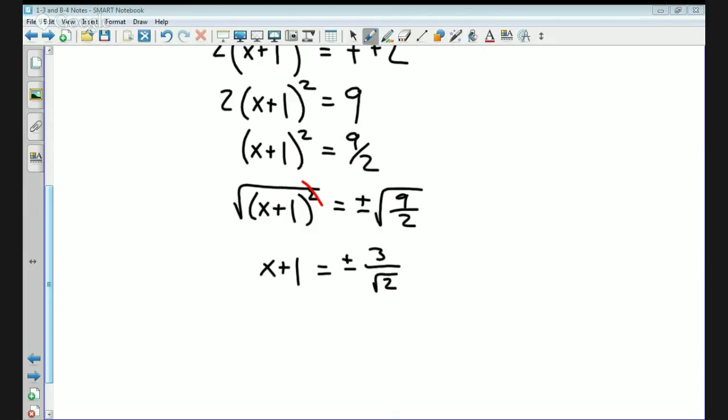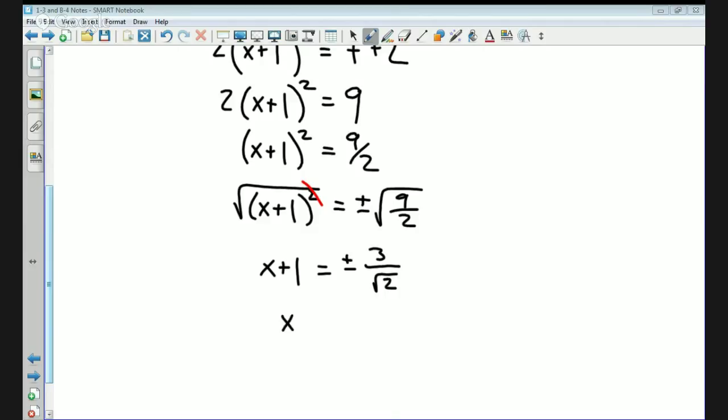Square root of 2 doesn't have an answer, so we have to write it like that. I'm okay if you do not rationalize the denominator. Some books are pickier than others, and you do want to pay particular attention to the answer boxes and the instructions beneath them. If they say rationalize the denominators, make sure you're doing that. But on a test, if you were to leave it like this, I would be okay.